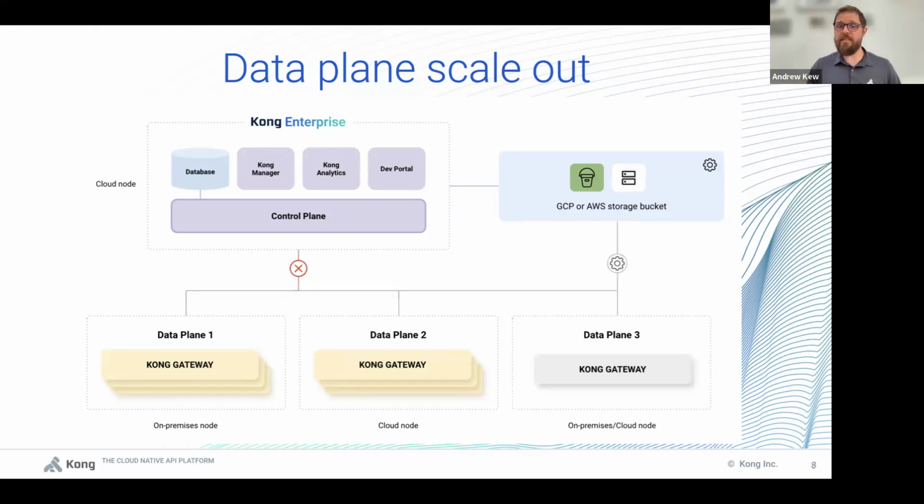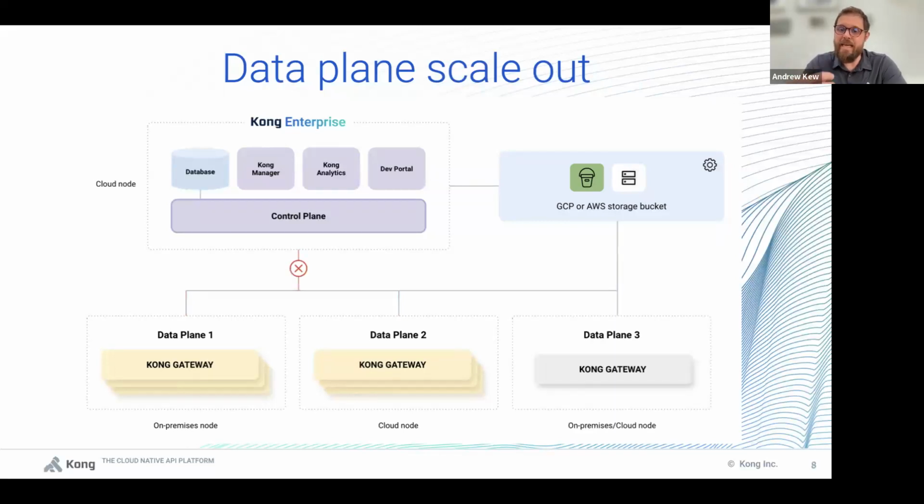Effectively, what this scale out feature does is it allows your data planes to connect to some external storage, whether it's AWS S3 or any of the other cloud providers, and get a backed up version of your configuration. So you effectively configure your control plane to back up that configuration into this external storage.